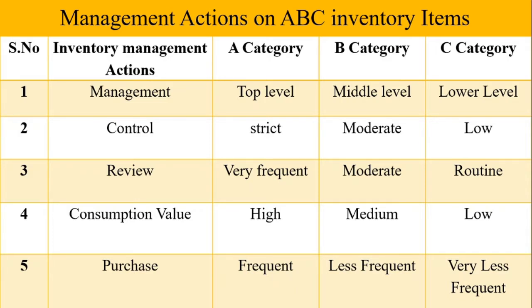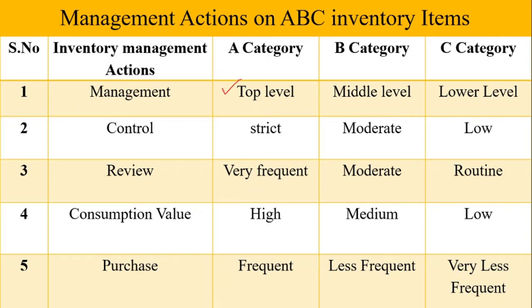Management actions on ABC inventory items. What actions is management going to take with respect to the A, B and C categories of inventory items? What type of management is looking after the A, B and C categories?